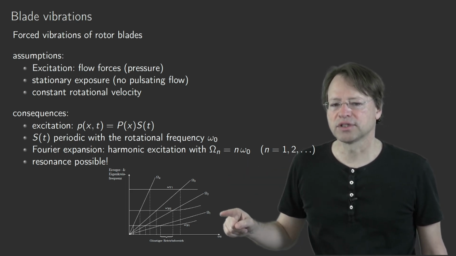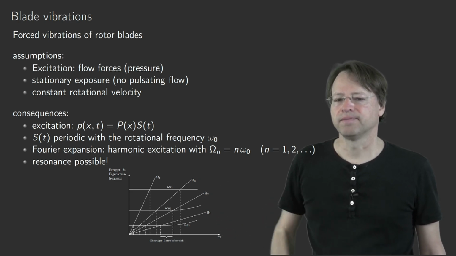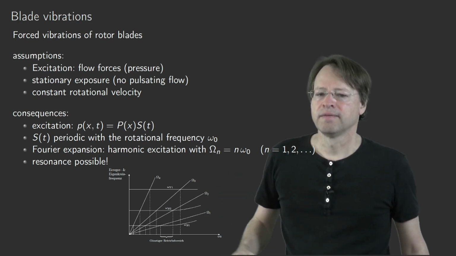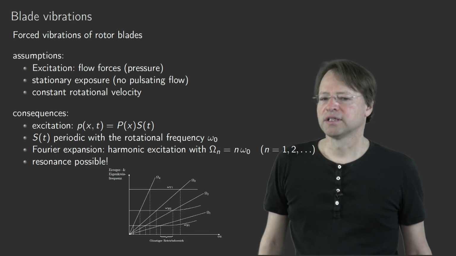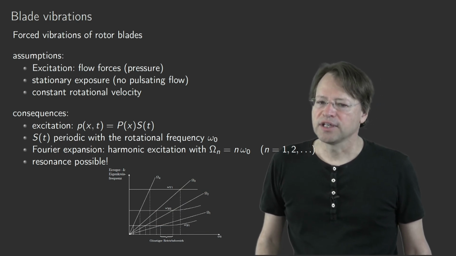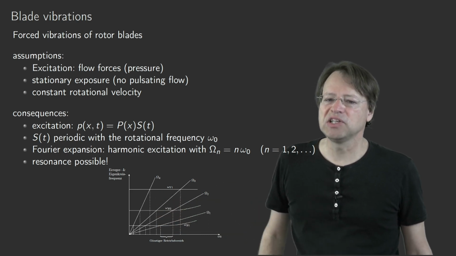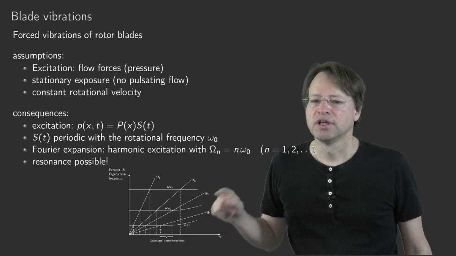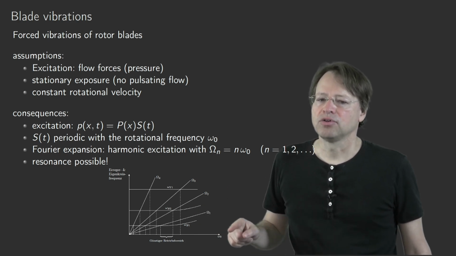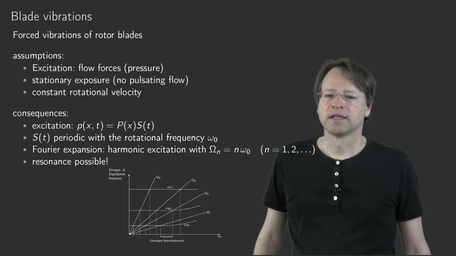So you can see that we start here with capital omega 1, capital omega 2, and so on. The higher the n, the stronger the slope of that straight line. And then you can see three other lines that seem to be nearly parallel to omega 0, but if you look at the first two, then you see that they are not really parallel to that axis here.